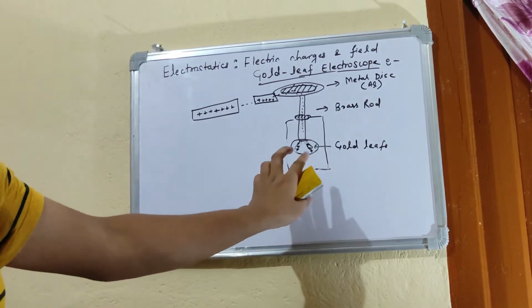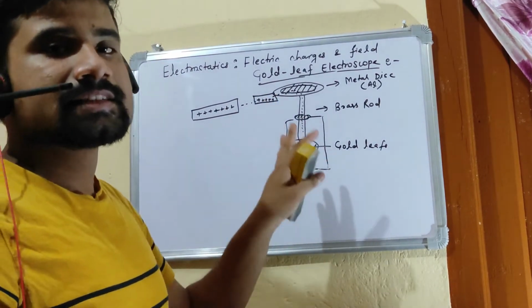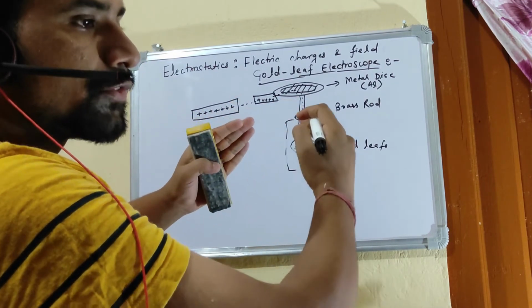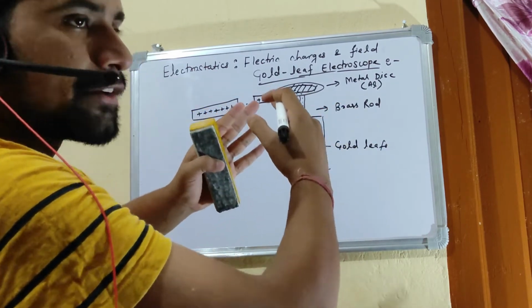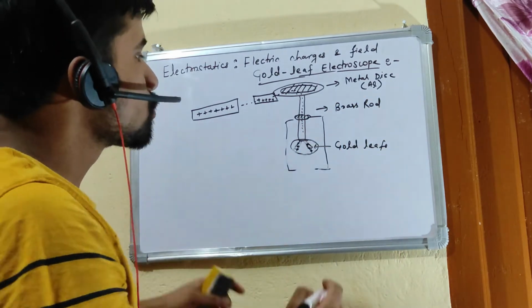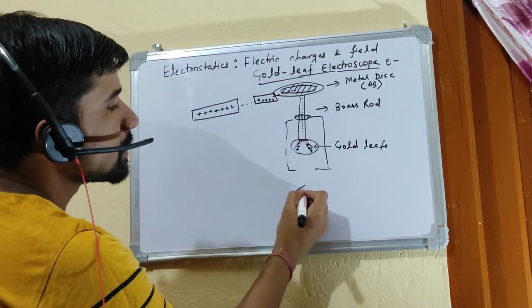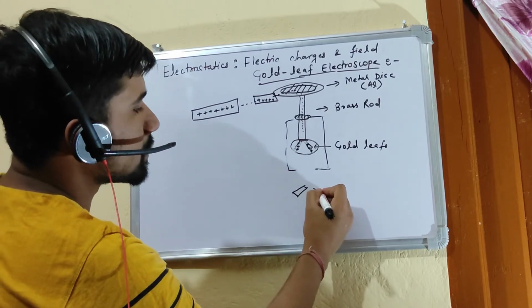Since we know that like charges repel each other, these two leaves will start diverging away from each other. So if these two leaves acquire charge, we will see them diverging a bit away from each other.